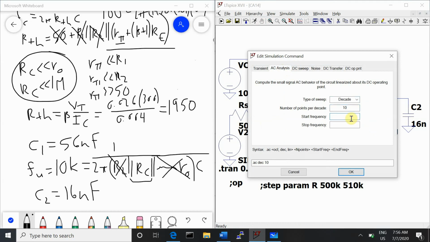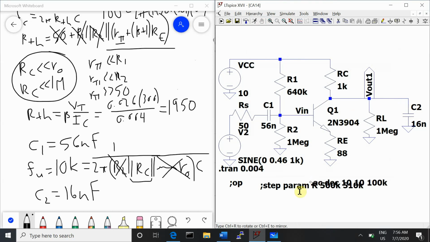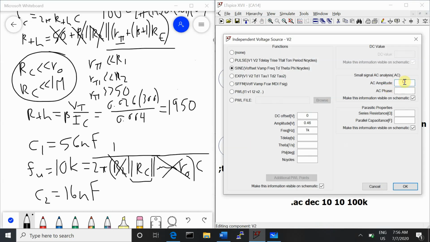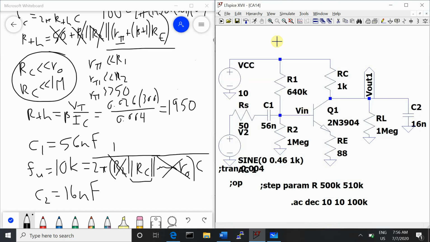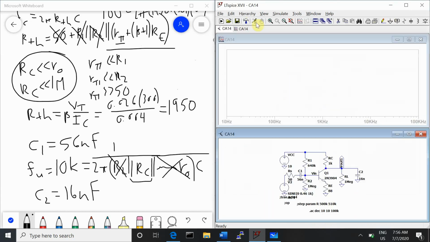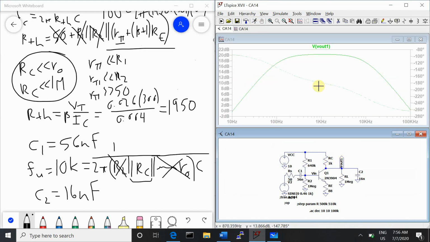So we need to start below our lower corner frequency and go to something above our upper corner frequency. Remember to set the AC voltage source as the reference for the AC analysis. And then we'll measure V out.